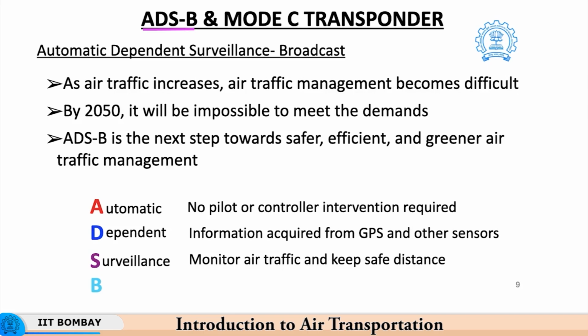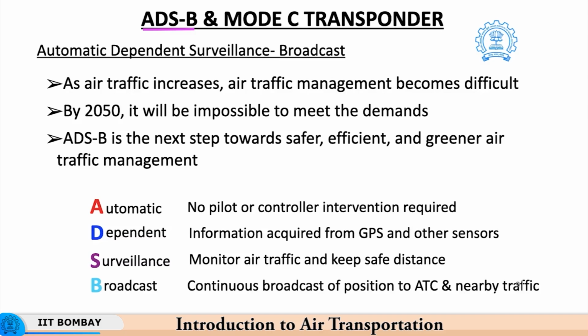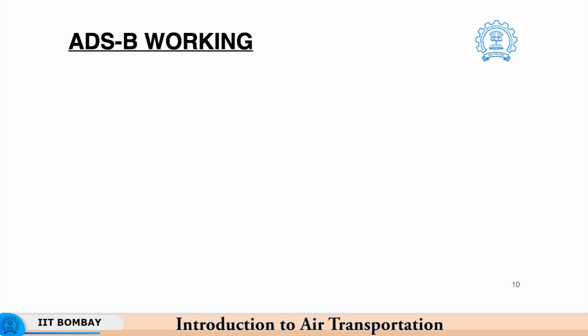Surveillance, because the amalgamation of all the data obtained through these sensors and the GPS SATCOM data is carried out so that the surveillance can be carried out, and the required data in a coded form, through the usage of an appropriate transponder, is broadcasted continuously in the vicinity of the airspace, so that this information can be obtained by the ATC as well as the nearby aircraft, so that efficient air traffic management can be carried out.